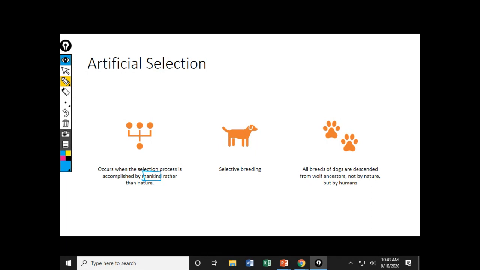Okay, so instead of orange beetles, we're choosing smooshed-faced dogs to breed.